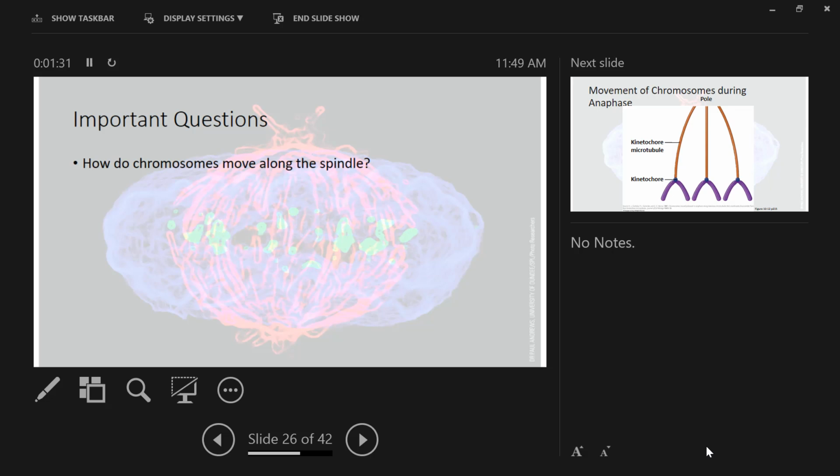For most cells, the middle is also the geometric middle, right? It's like right in the middle of the cell. But sometimes you need to separate the cytoplasm unevenly, right? After the division, sometimes you need a big cell and a little cell. You don't see that a lot during mitosis, but you do see it happen a lot during meiosis, which we'll talk about next week.